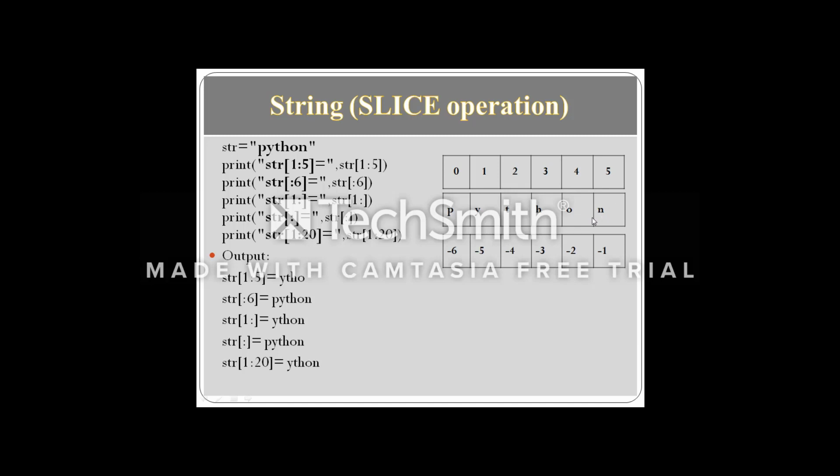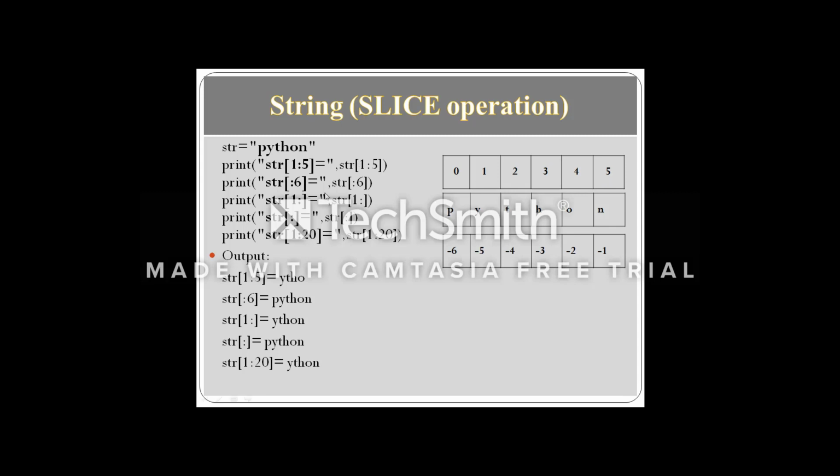It will be accessed only up to the fourth index value. Therefore, the output for this slice operation, that is index 1 to 5, will start from Y up to the value O. That is the fourth index. The fourth index will be accessed, not up to 5. Okay, I think you got my point.